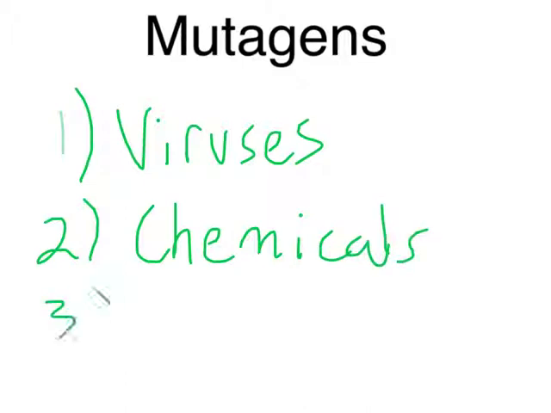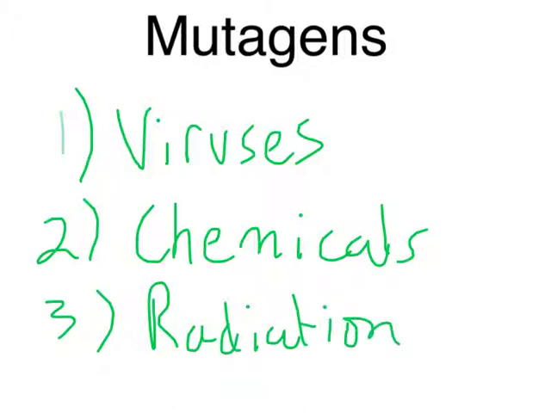And three, we have radiation. And these are the three known mutagens, things that can cause mutations. They also, all three of these, can be called carcinogens, and carcinogens are cancer-causing agents.